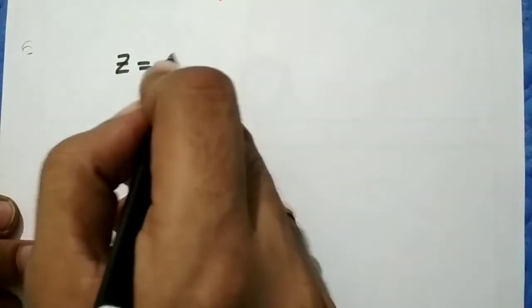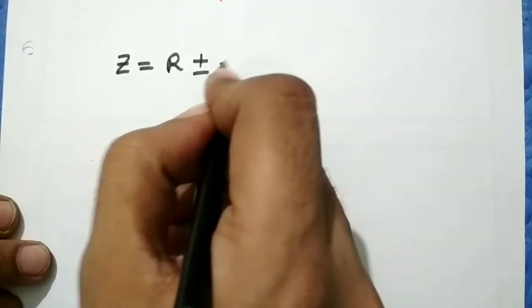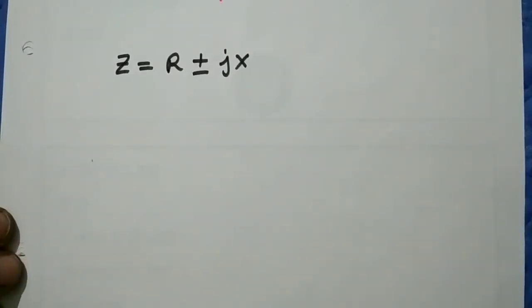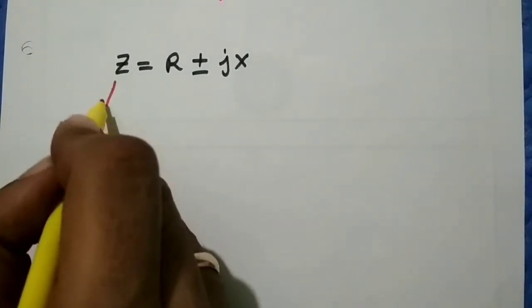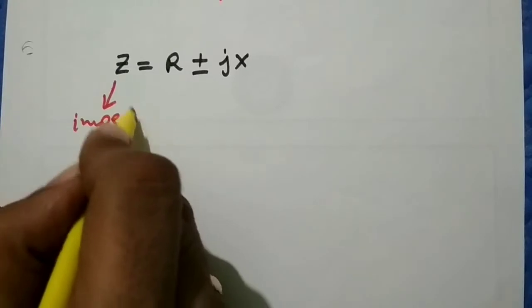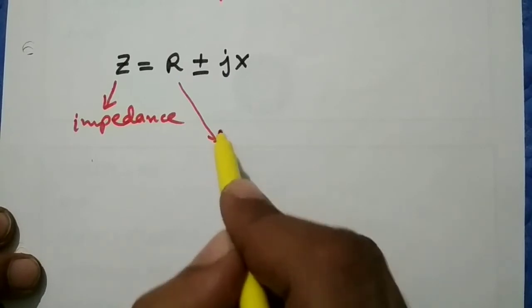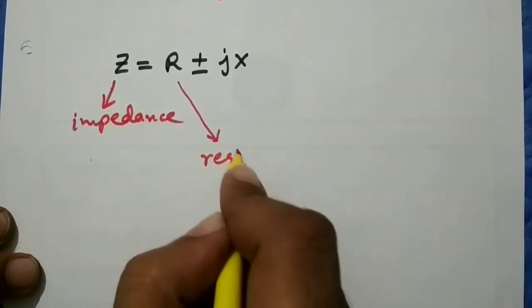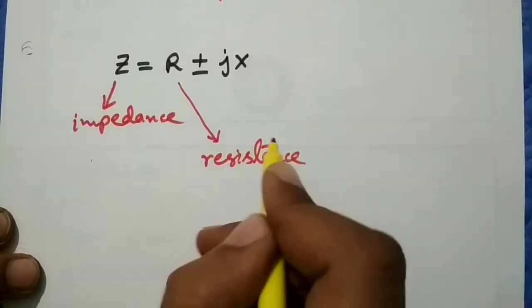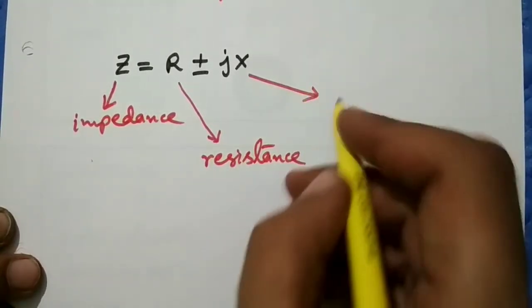Let's summarize the concept of the complex notations used in single phase AC circuit analysis. The impedance of a series circuit can be represented as R plus or minus JX. Here Z is the impedance. The real part is considered as the resistance, and the complex part indicates the reactance.